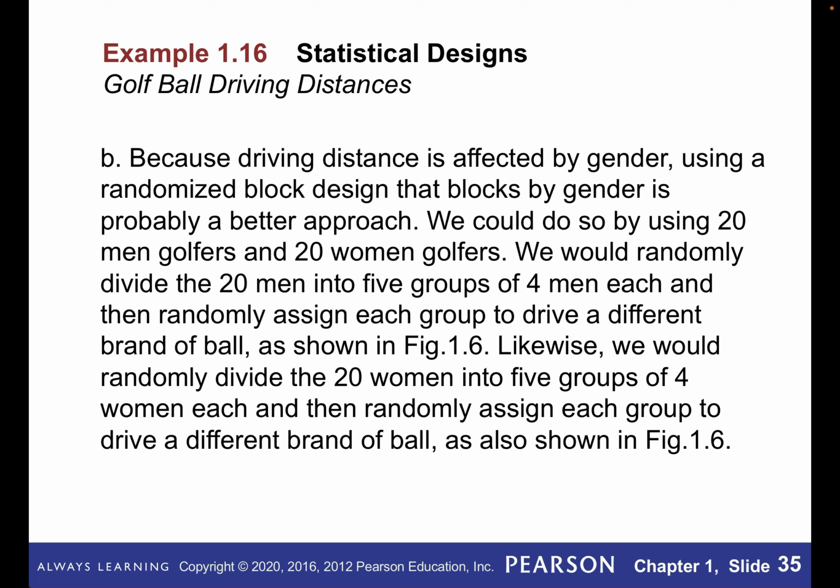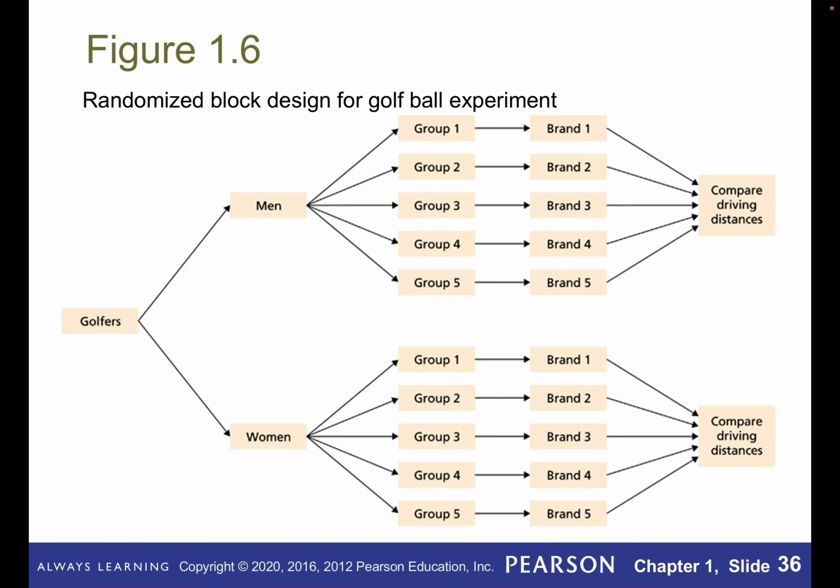So we're going to have 5 groups with 4 men in each group, and then also 5 groups with 4 women in each group. So we're doing this process separately as illustrated here. And then the groups in each block are randomly allocated to the different brands.